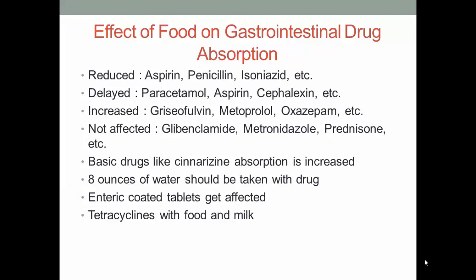We know that tetracyclines interact with food and milk. Food and milk contain calcium, so this calcium reacts with the tetracycline. Tetracycline acts as a chelator here and binds to it, and then the drug absorption is decreased.